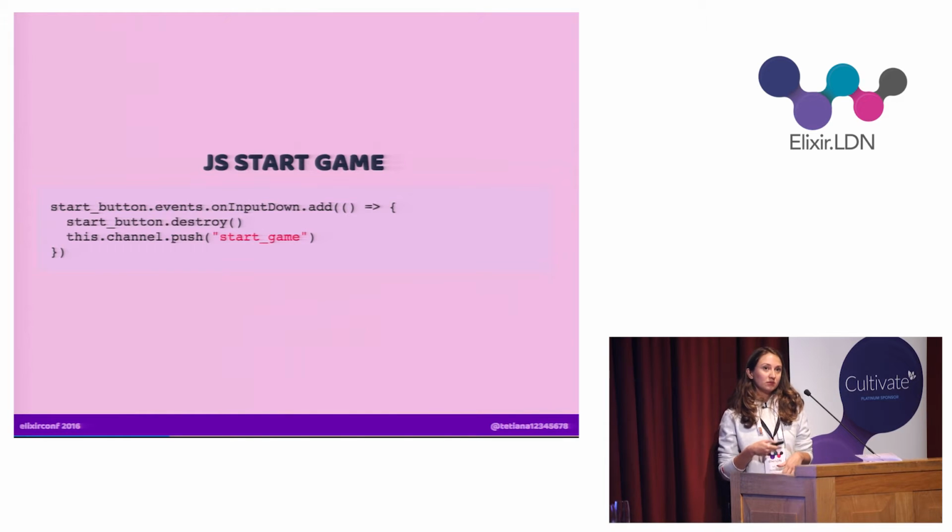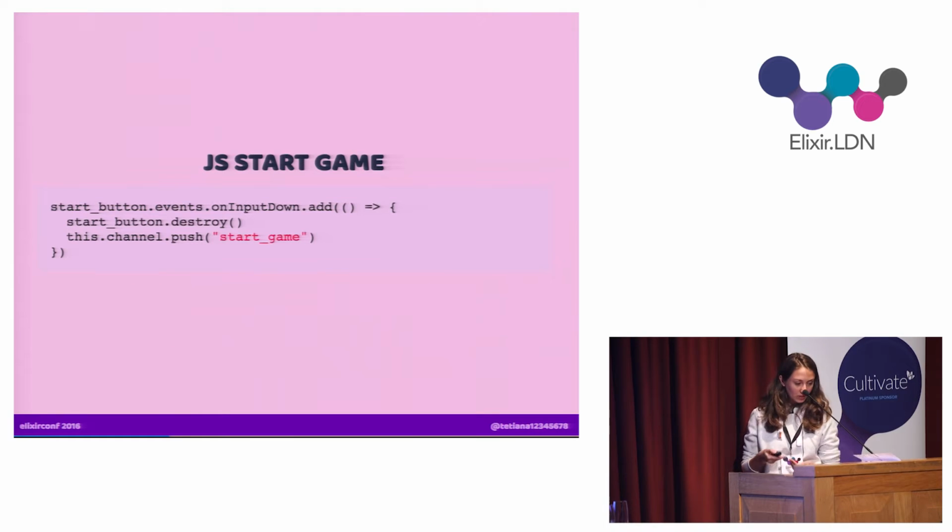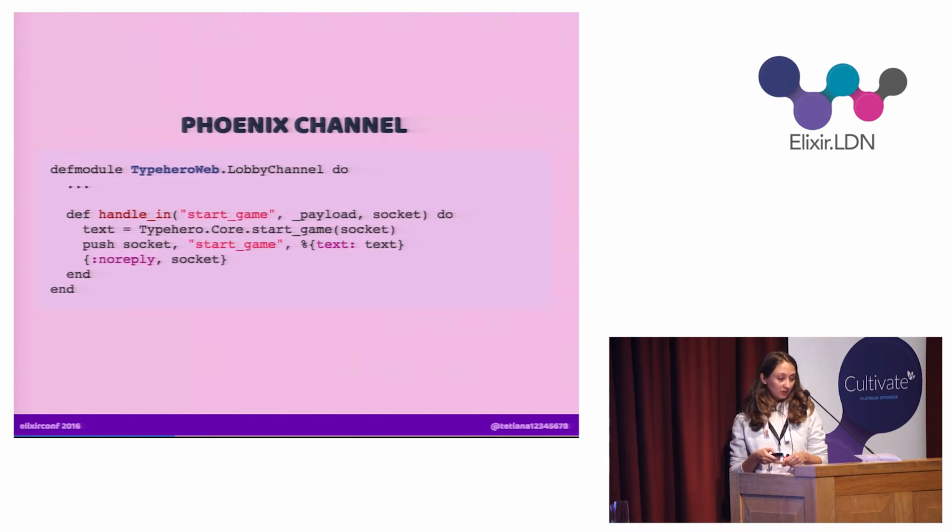When we get the event, we stop displaying our start button, then we push the message to the channel. And our channel is listening to that message, and once it gets this message, it's going to call our logic core piece to get the text, passing in the socket.